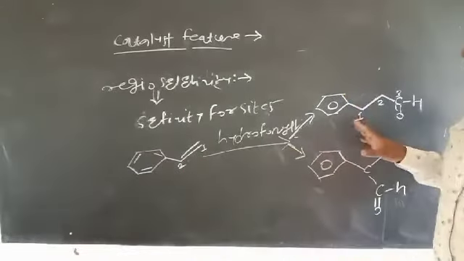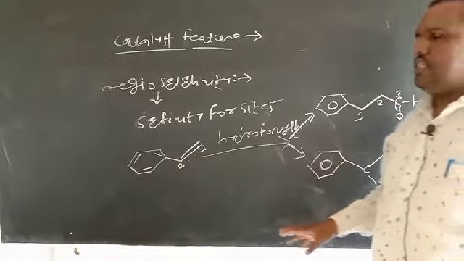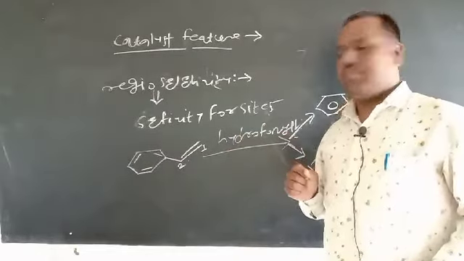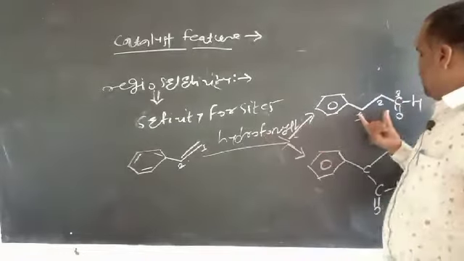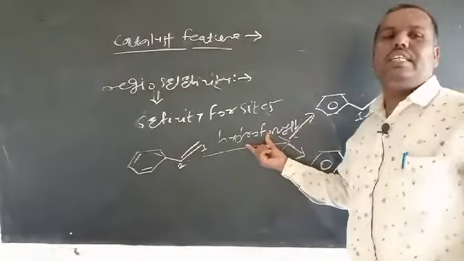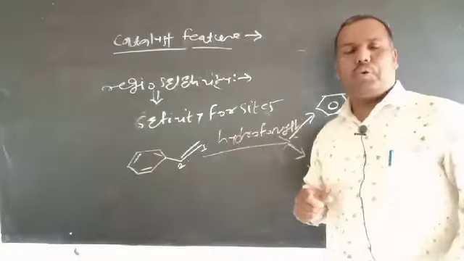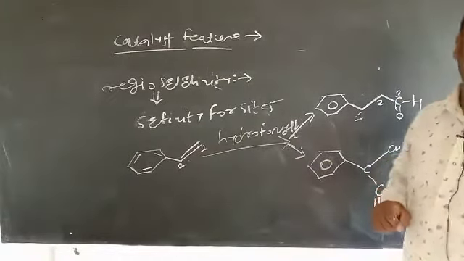So we can get a linear product as well as a branched product, but in presence of dicobalt octacarbonyl, which is generally used for hydroformylation reaction, we get only the linear aldehyde. While if another complex of rhodium is used in this reaction, then we get the branched aldehyde.